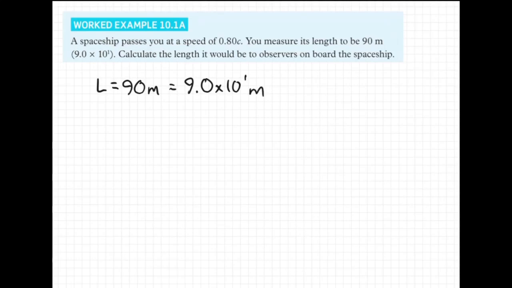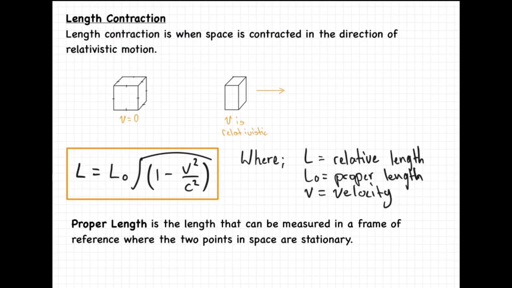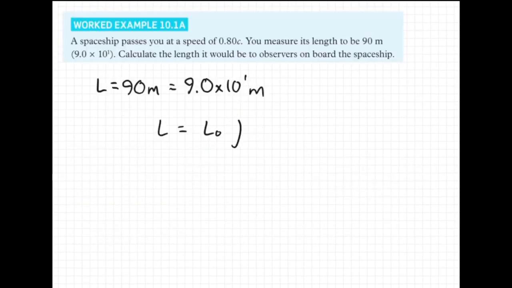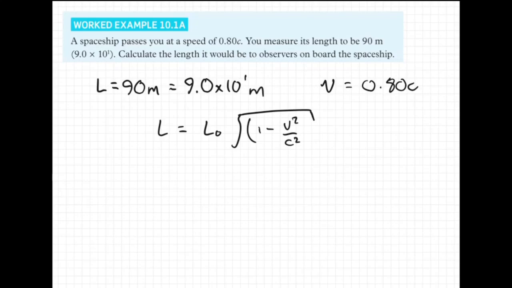Now recall that L equals L0 times the Lorentz factor, square root of 1 minus v squared on c squared. Our velocity is 0.80 c, very kindly given to us as a fraction of the speed of light, which makes things easy. You will remember that means that the c will cancel. Let's sub in our numbers and solve.